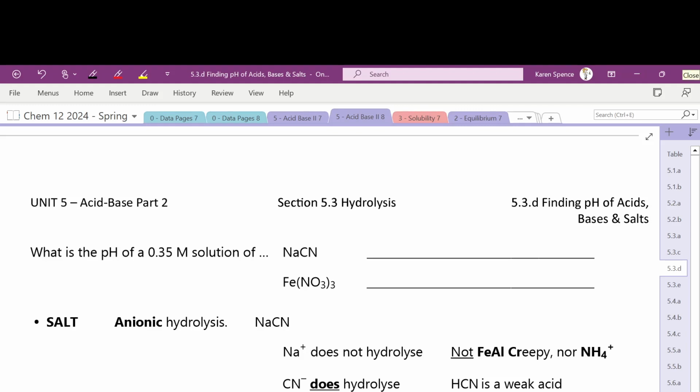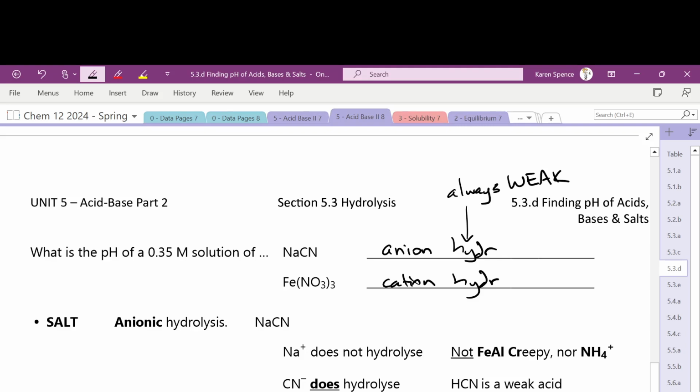And now we're left with our salts that are, remember this one, the anion hydrolyzed, and in this one the cation hydrolyzed. Hydrolysis is always a weak situation, unless you get something like O2-.